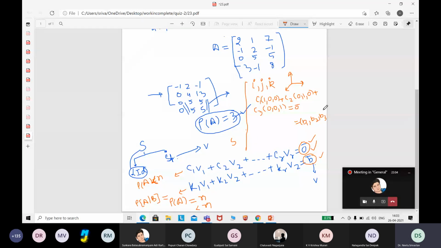Yes. So for the first condition, if I want to write in terms of determinant, should the determinant of the coefficient matrix be equal to 0 or not equal to 0 for the trivial solution?